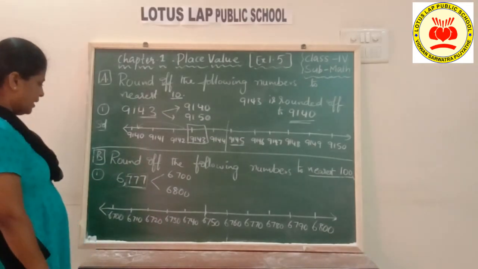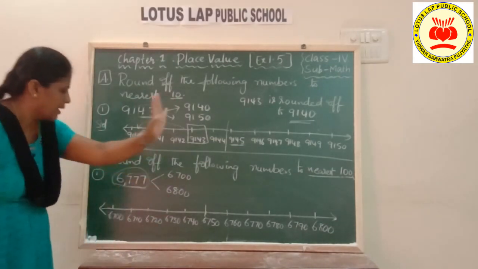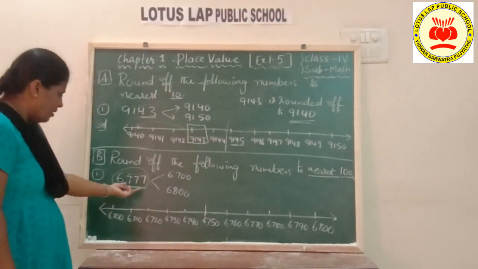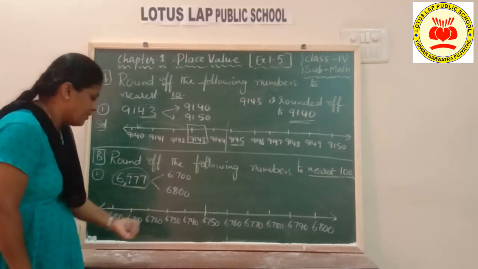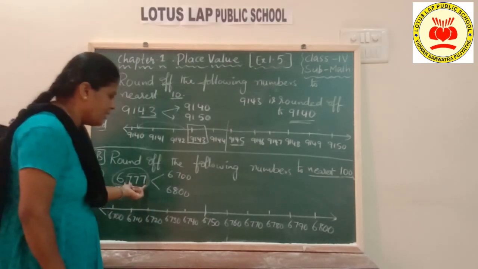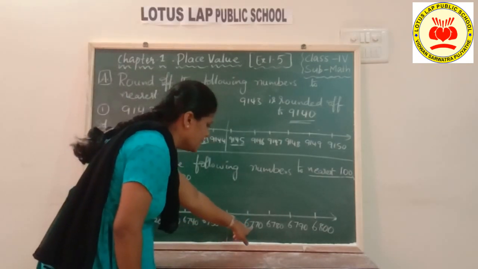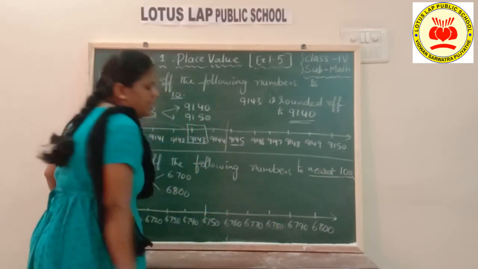Now let us identify where this number is lying on this number line. All are in 6000s only. Now all are in 700s. So this number, 777, lies between 770 and 780.